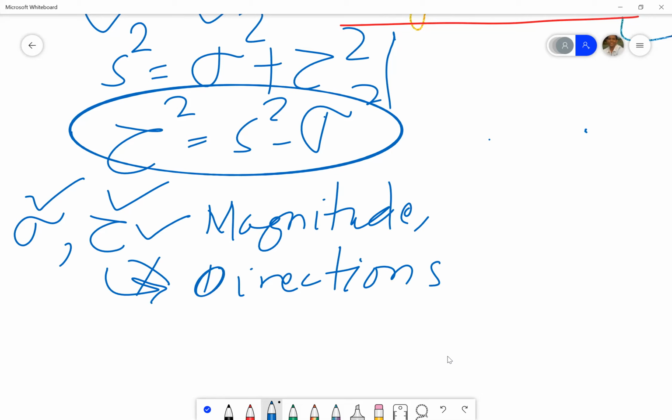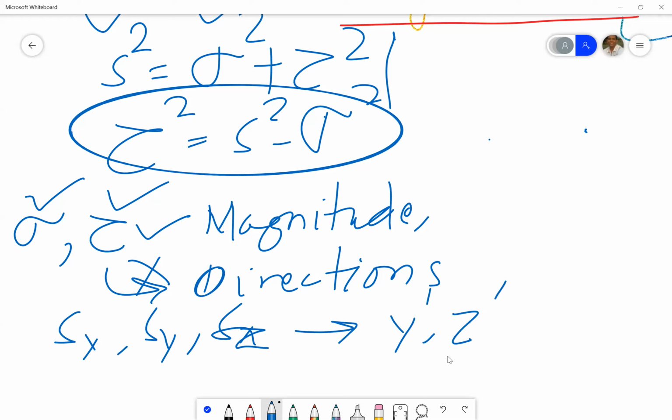To calculate the directions, it is necessary to resolve the stress components, Sx, Sy, and Sz, in the y dash and z dash directions in the oblique plane.